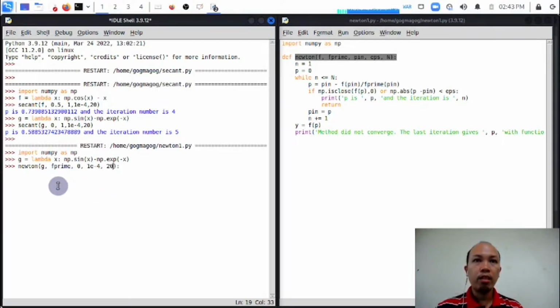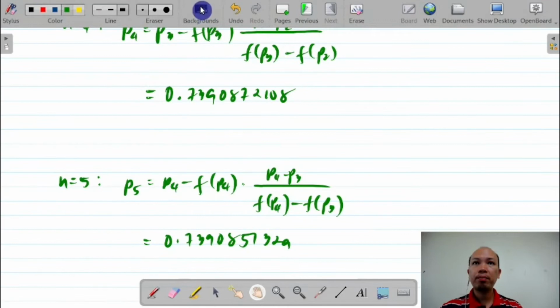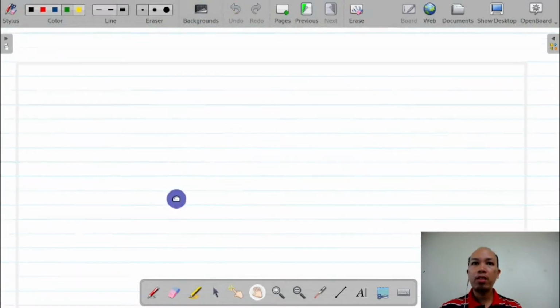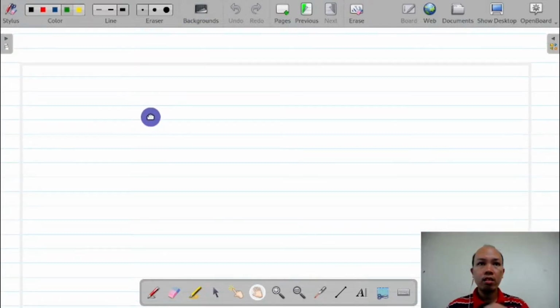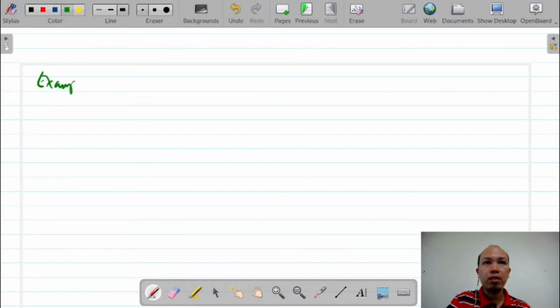So let's get the derivative of the function first. Let's go to our open board. Let's have this new page. Okay, so this is our function, example 36. F of x is equal to sine x minus e to the negative x.